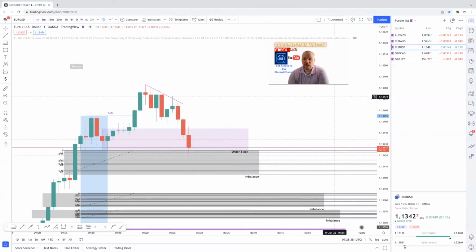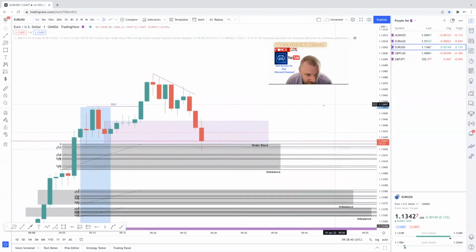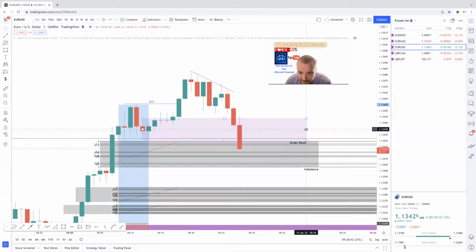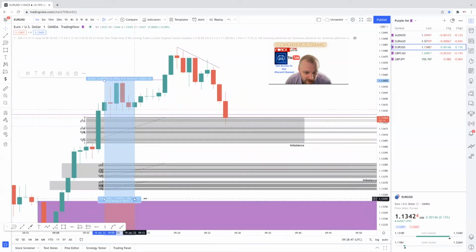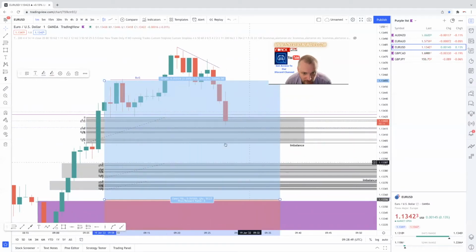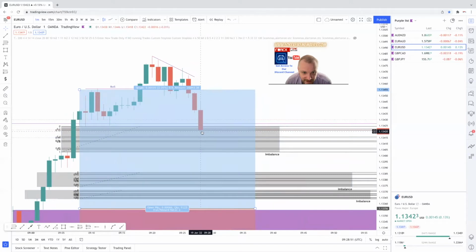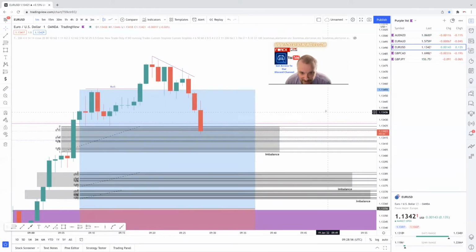But that would have been a structure area that we could possibly been looking. So that now means that that order block is out. Remember, we still have this here overall, the 1 to 3. And you can see on here, it's testing the first fire zone of the imbalance.